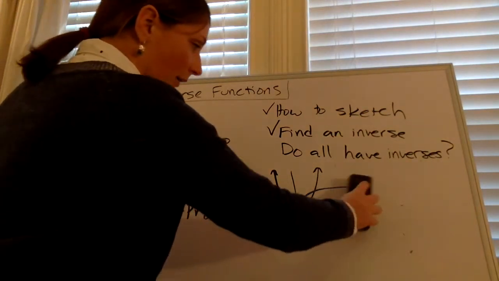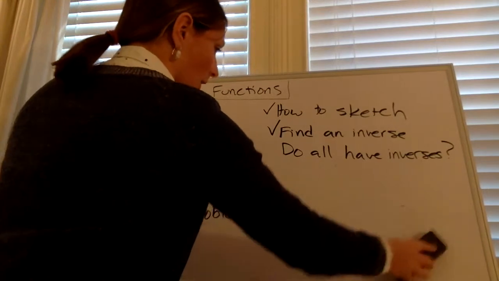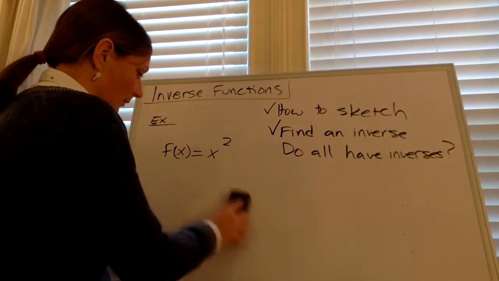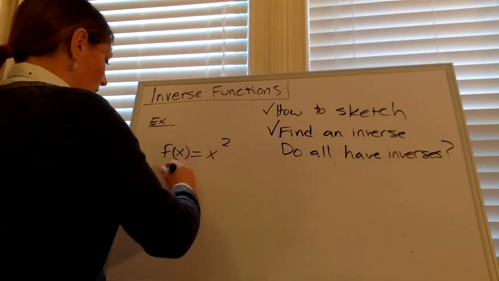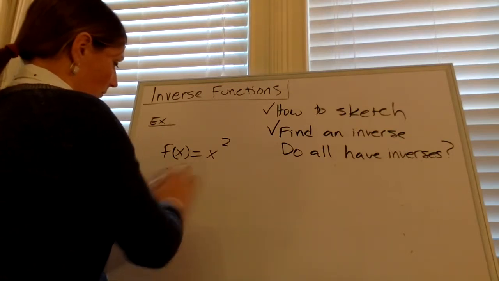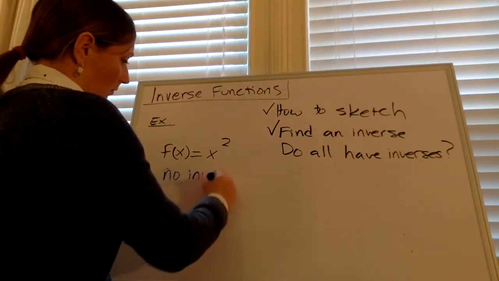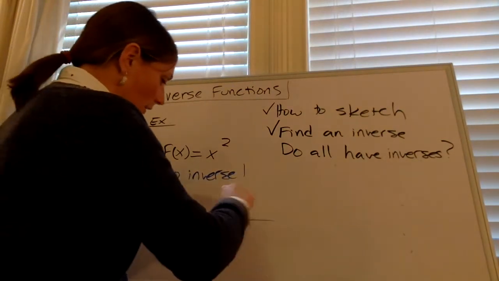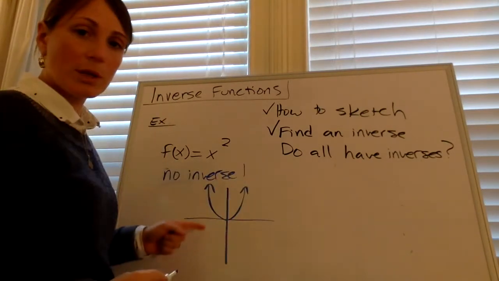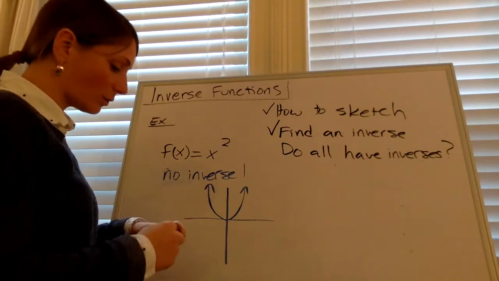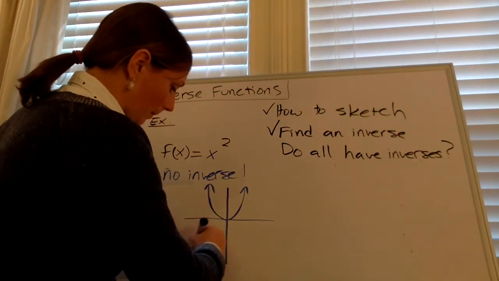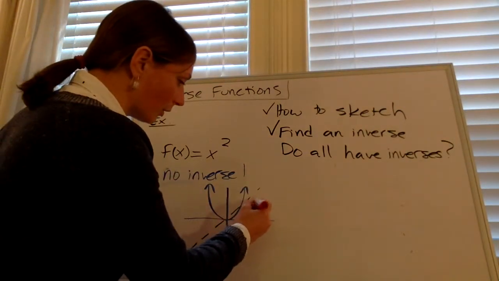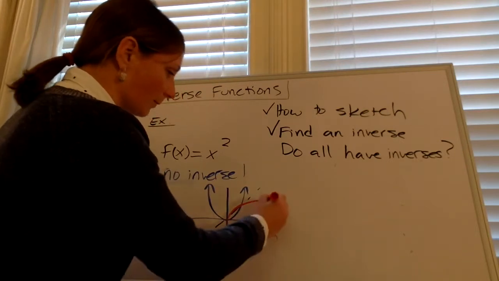So how do we reconcile that? The truth is that x squared doesn't have an inverse. And here's why. X squared has no inverse because if we properly reflect this graph across y equals x, if we do that reflection strictly, we're going to end up with this curve right here.